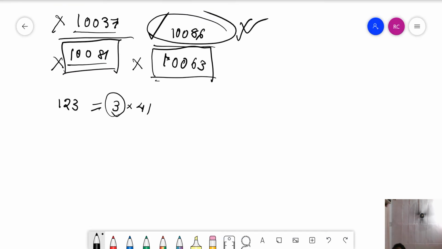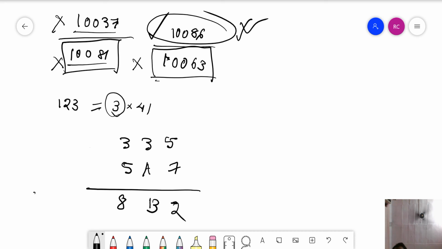So we have 335 added to 5a7, and we get 8b2, and we are told that 3 divides this, which means that 8 plus b plus 2 is a multiple of 3.